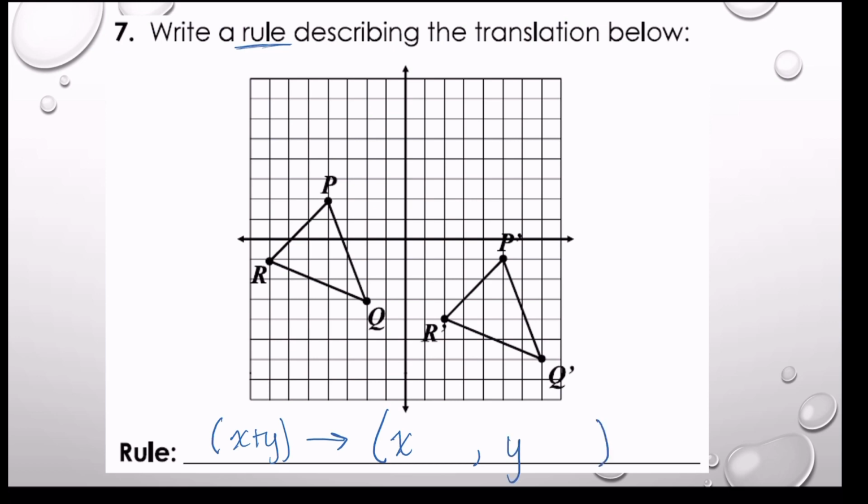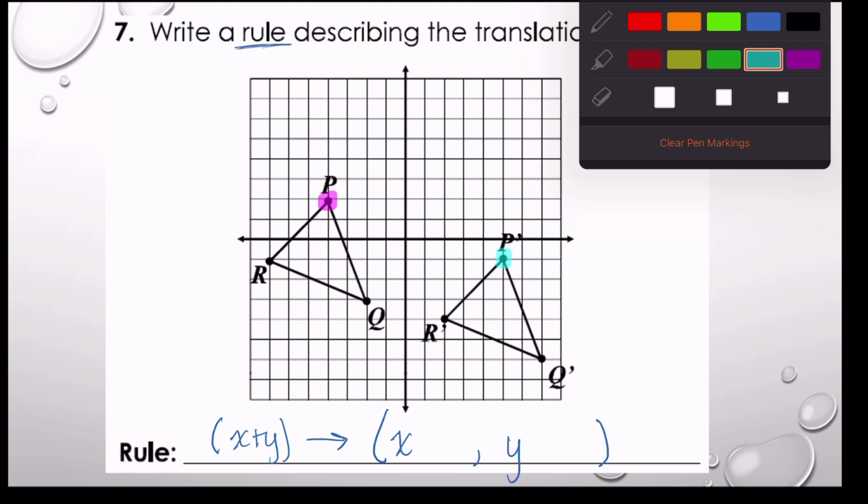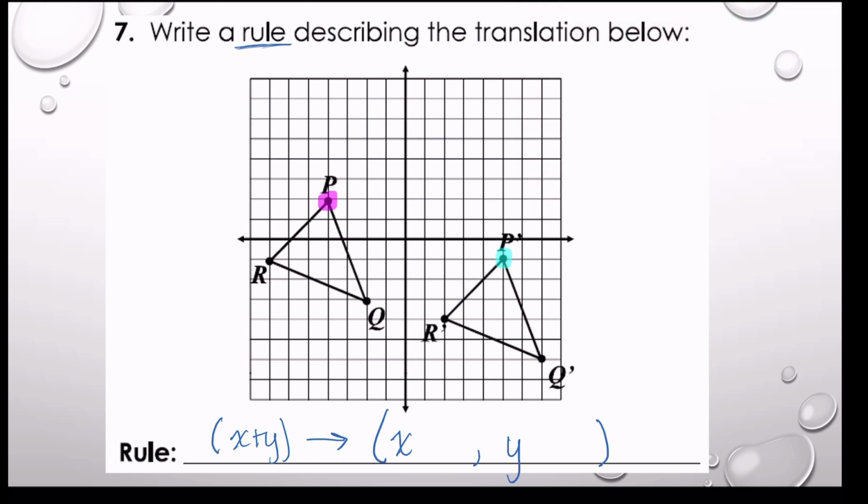So one way of looking at this is if I started at P, you've got to look at where you're starting and where you're ending. How do I know where I'm starting and where I'm ending? Well, your letter is where you start, and then your letter prime is where you end. So I know that I took my P and I went in this direction.